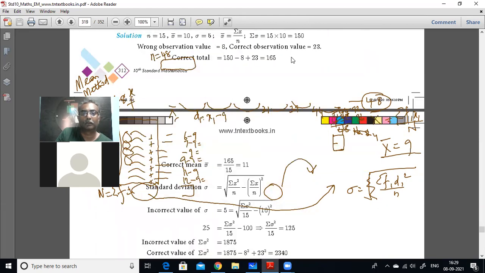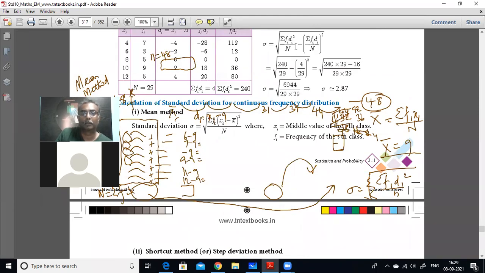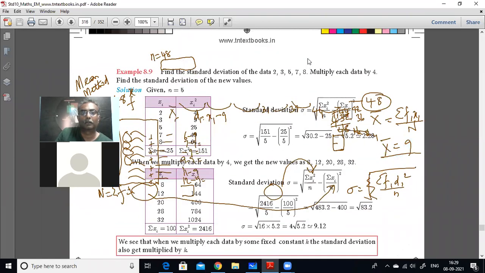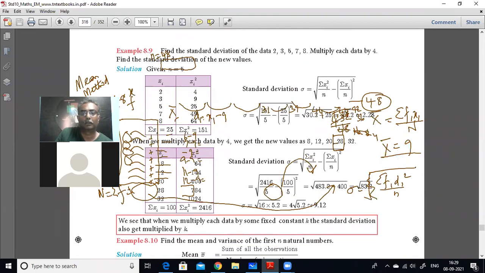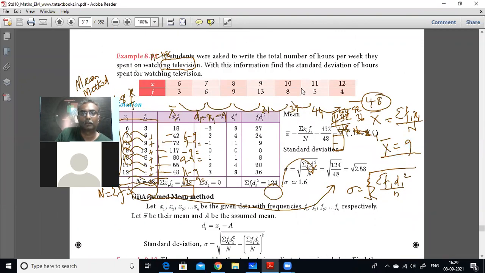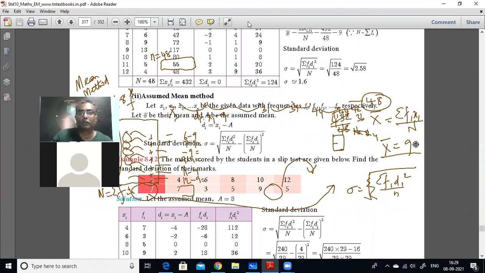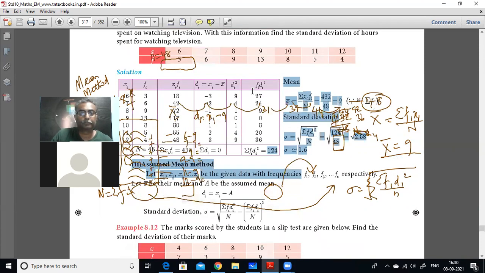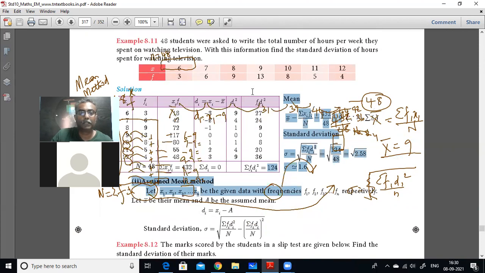Okay, this method is called the mean method. Yes, this is the mean method. N is equal to 48.